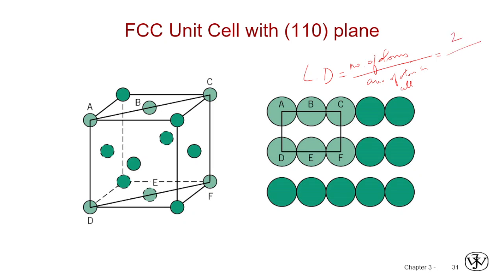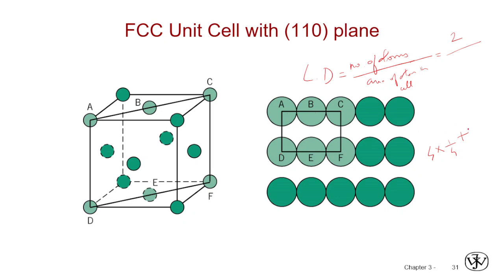How did we get 2? From the plane ABCDEF. If we look at this plane, we have 4 corner atoms, and only 1/4 of the atom is in the plane. So 4 into 1 by 4, plus we have 2 atoms in the faces, and each atom at the face is shared with other unit cells.